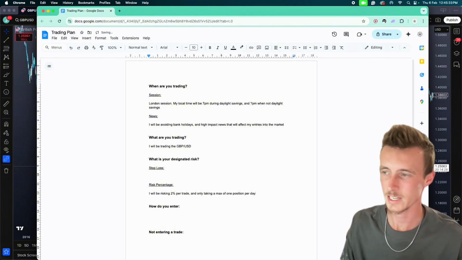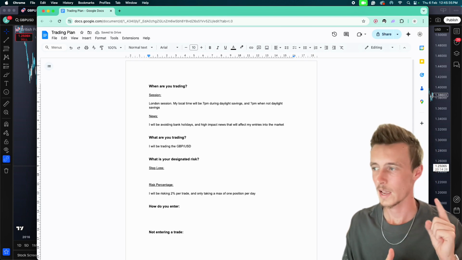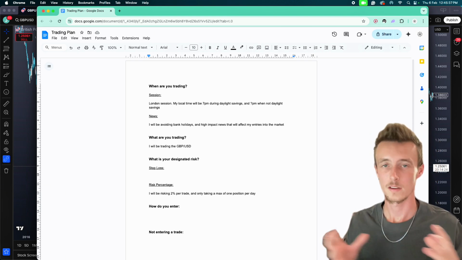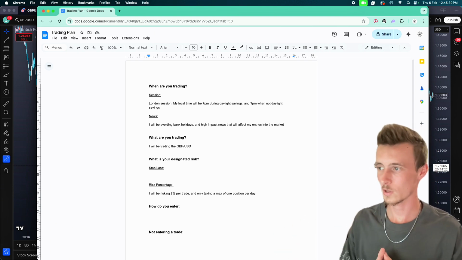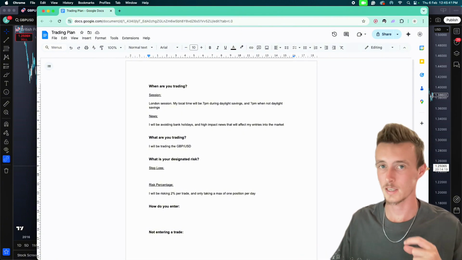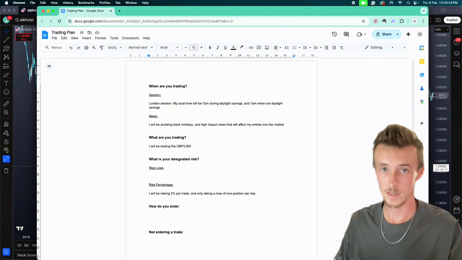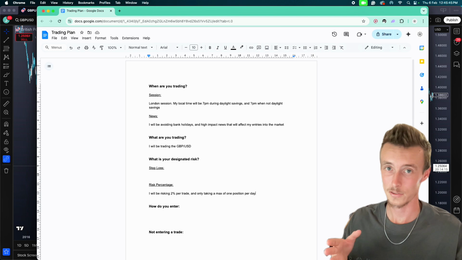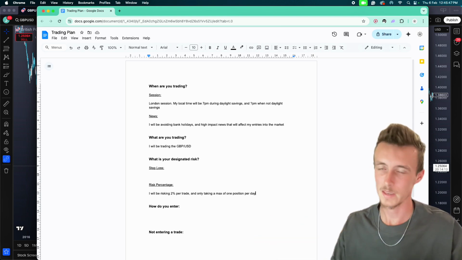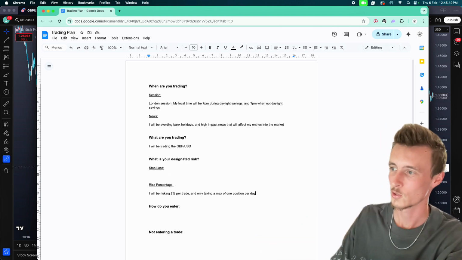That is my risk percentage. I'm only risking 2% on a trade, and I'm only looking to take 1 trade for my entire day. Yours can look like that. Obviously, if your risk percentage is slightly different, hopefully it is only a 1 to 3 risk percentage. Just obviously adjust it to how you need to.